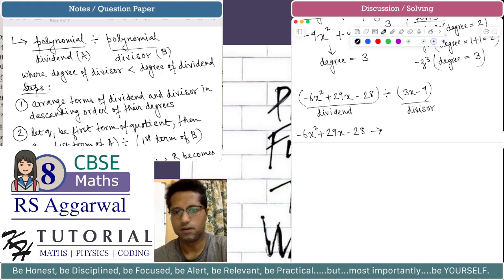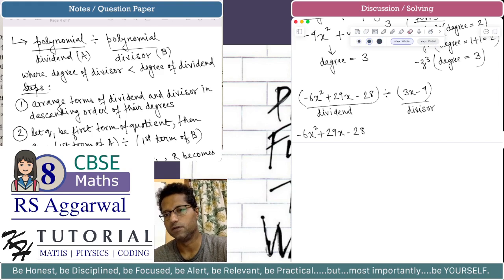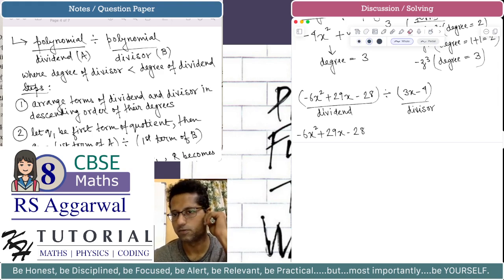So this polynomial, as you can see, is already arranged in descending order of the degrees of the terms, so for this polynomial nothing needs to be done. And for the divisor, 3x minus 4, all the terms are arranged in descending order of their degree, because the degree of the term 3x is 1 and the degree of the term minus 4 is 0.